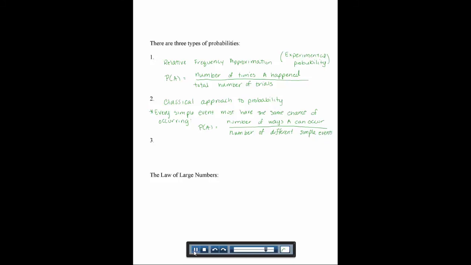And then the third type, which we won't really use very much, is called subjective probabilities.